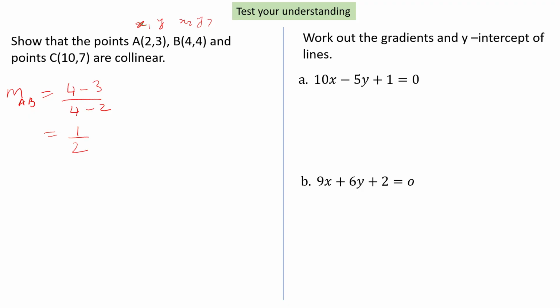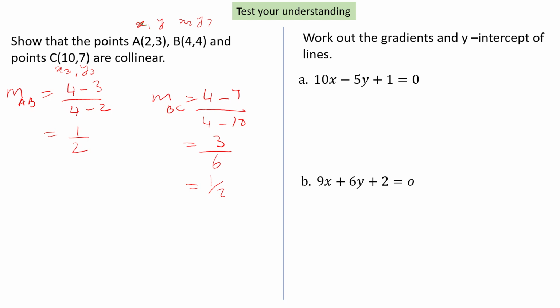Next one, this one, I'm going to put x3, y3. So the gradient of BC, 4 minus 7 divided by 4 minus 10. So 3 over 6 is half.